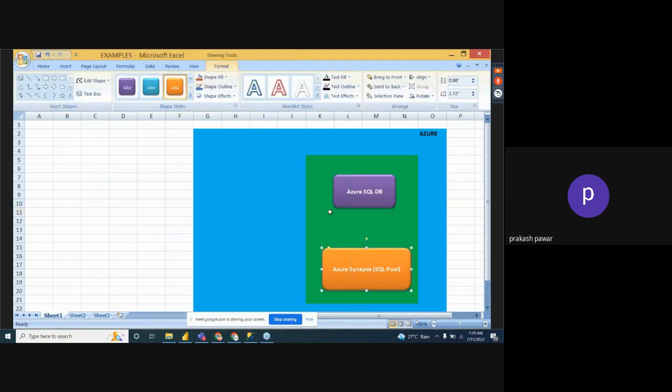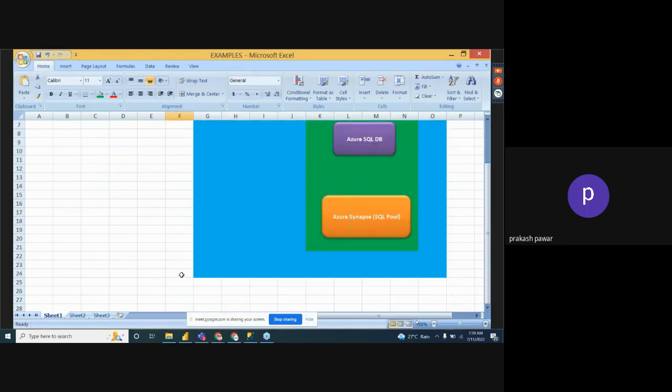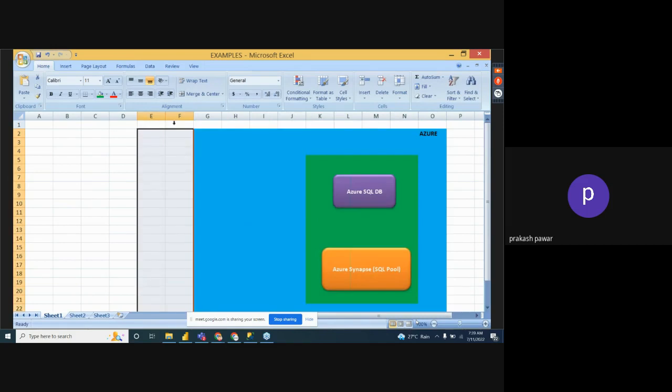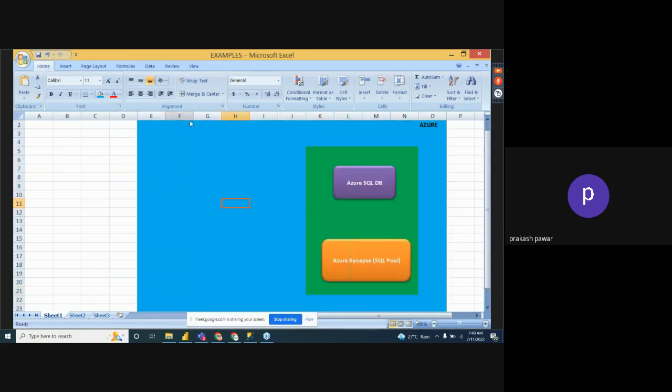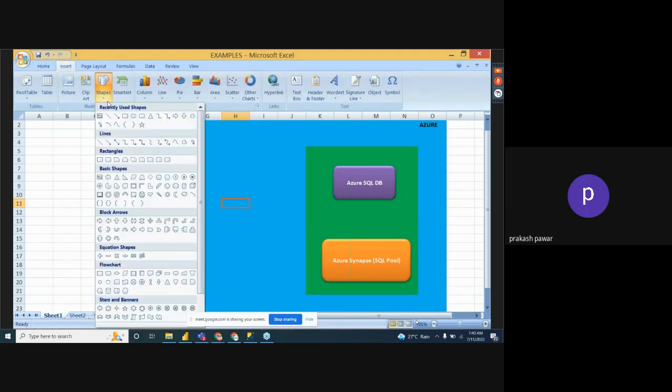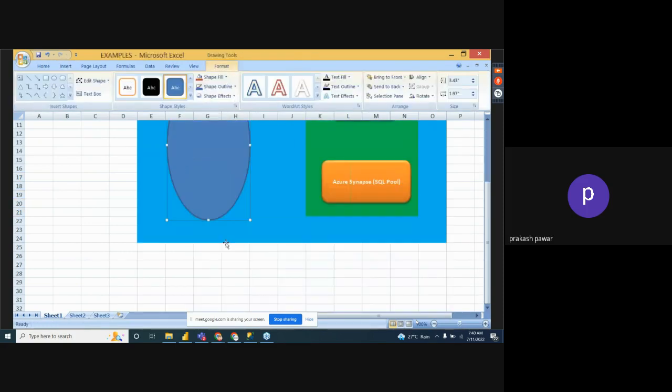Next, additionally, we have one data factory resource separately. Something like this.